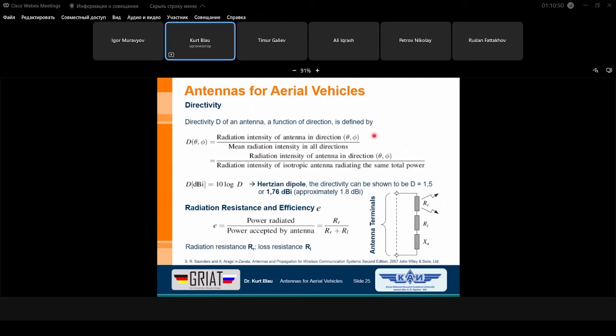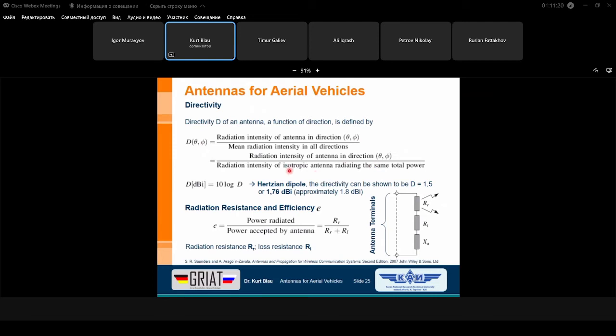We can see this angle either in theta direction or in phi direction, and this is related to the mean radiation intensity in all directions. It's the mean value, but we can also use the maximum. And this mean radiation intensity in all directions, you can substitute by the radiation intensity of an isotropic antenna radiating the same total power.